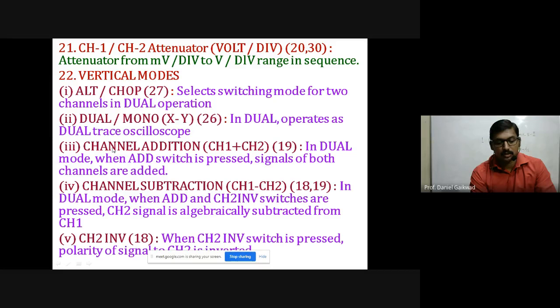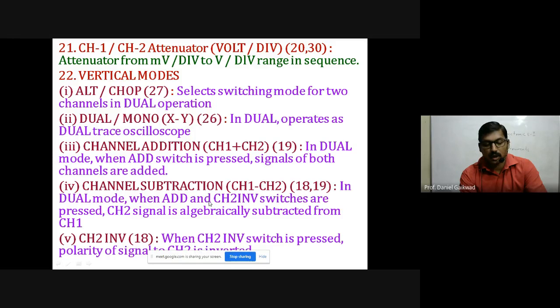Now next, third, channel addition. Channel addition means a waveform from channel 1 and a waveform from channel 2, or signal 1 and signal 2, we have to add with each other. For that purpose we have number 19. In dual mode, when the add switch is pressed, the signals of both channels are added. Similarly, number 4, channel subtraction, that is 18 or 19, so we have two options.